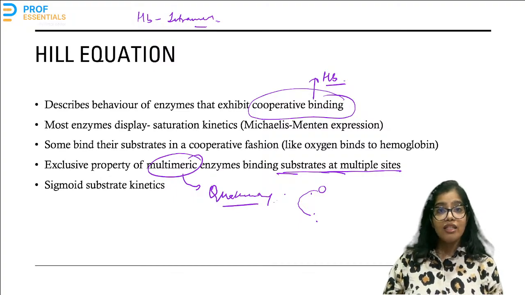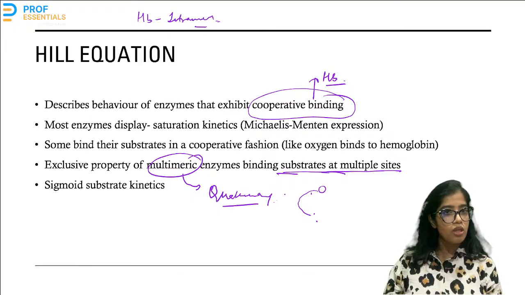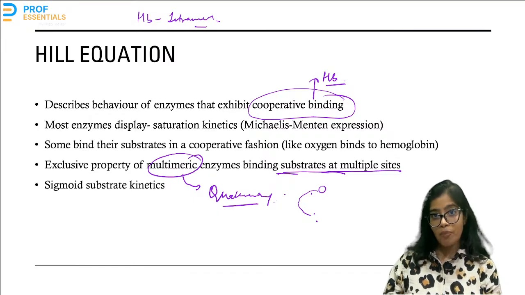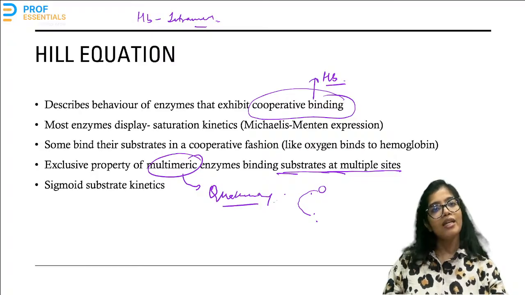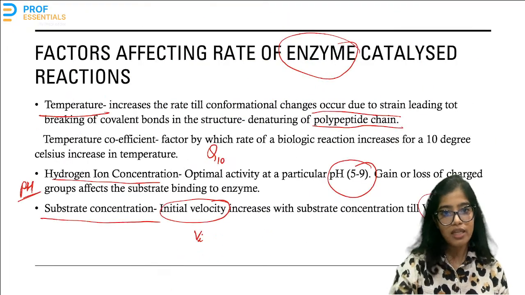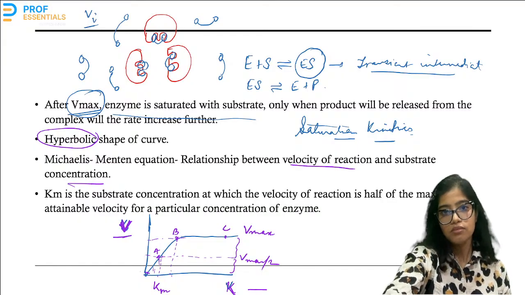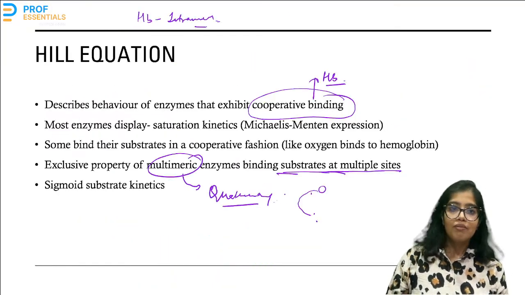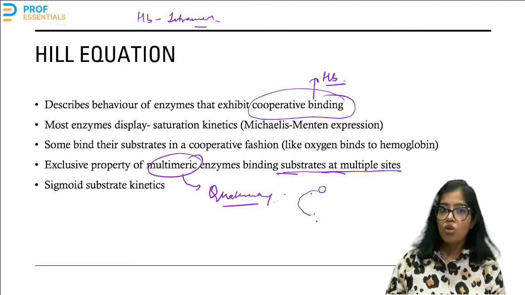Now, we discussed how the oxy-myoglobin dissociation curve was a hyperbola. Similarly, the saturation kinetics curve is a hyperbola. The oxyhemoglobin dissociation curve was sigmoid.